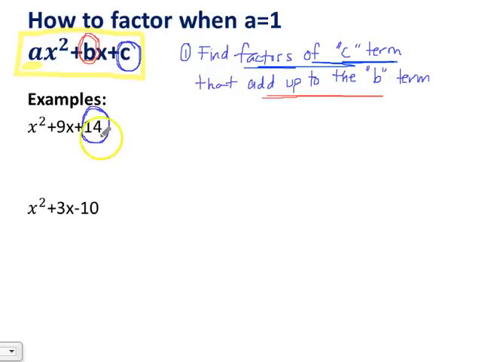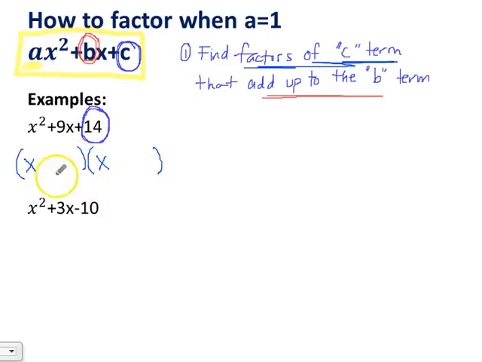Looking at this first problem, x squared plus 9x plus 14, we're trying to factor it, right? We're trying to get two sets of parentheses with the variables and numbers in them. So we're going to have x and x, and then x plus or minus a number here and x plus or minus a number over here.